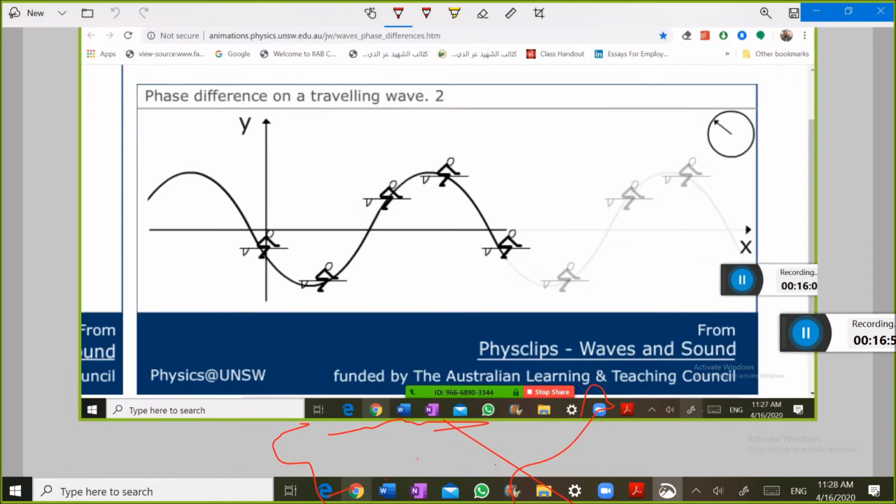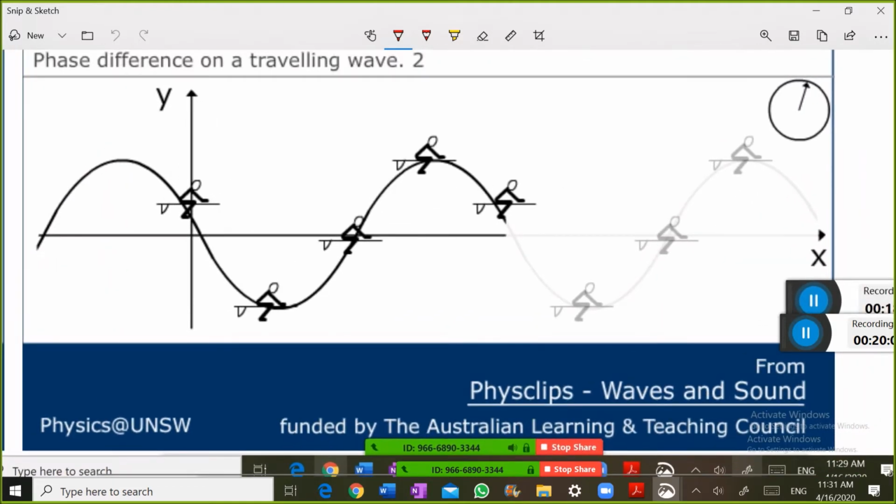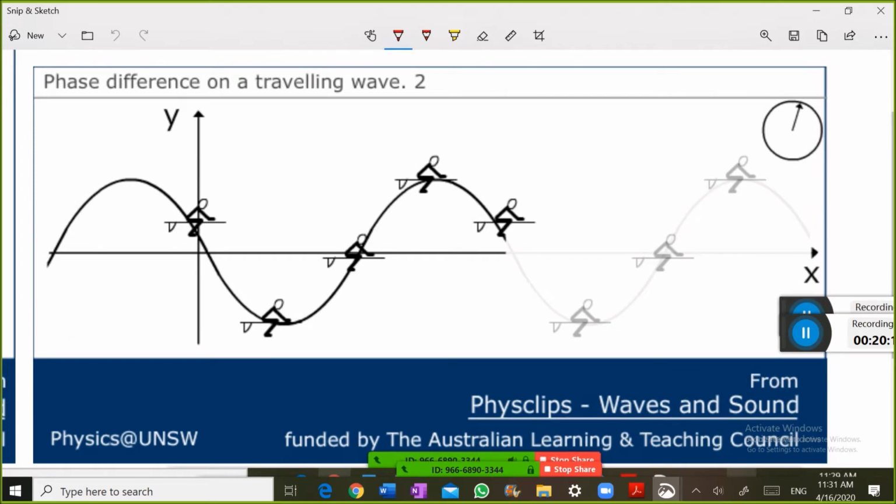Okay, guys, this is the first moment. Again, I did here two screenshots at different moments for progressive waves, right? You can copy it, paste it here in order to compare.